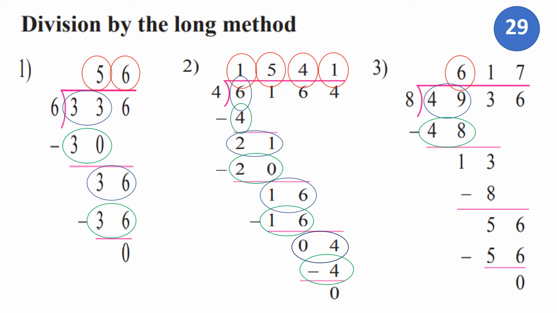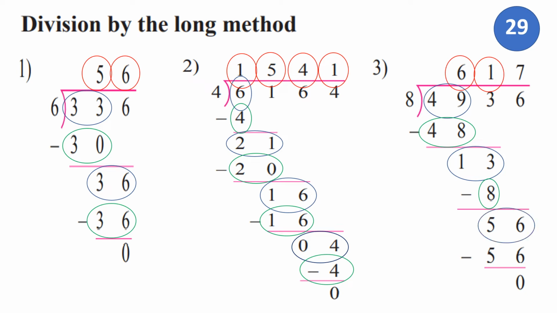Then you bring down 3. Then you have 13. 13 divided by 8 is only 1. 1 times 8 is 8. 13 minus 8 is 5. Correct, students? Then the last number is 6. You bring down 6.